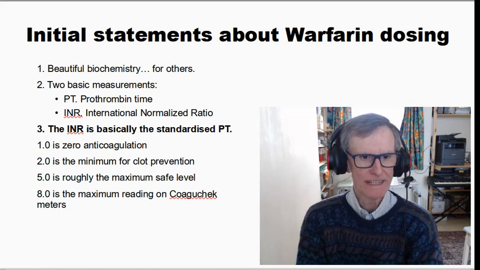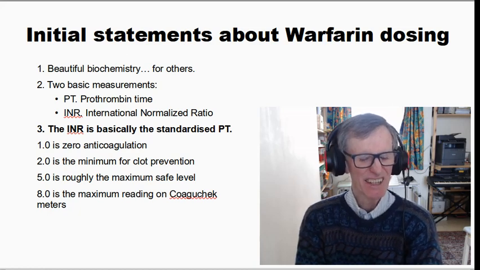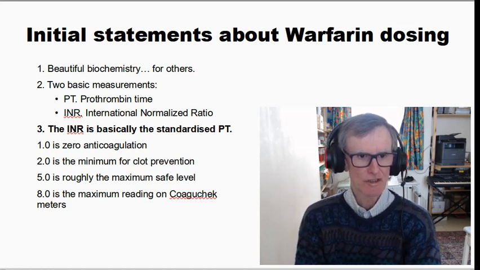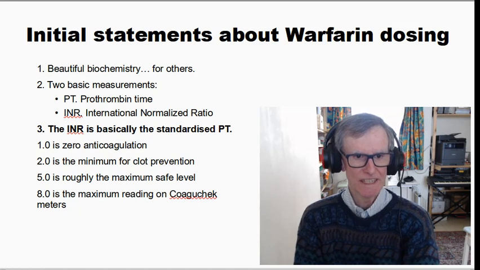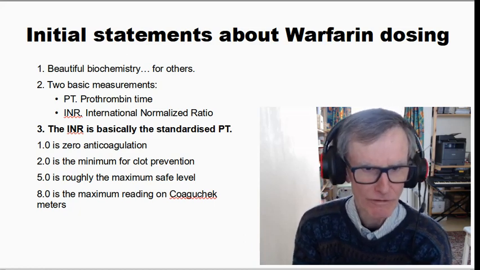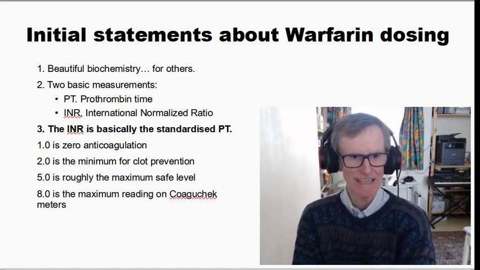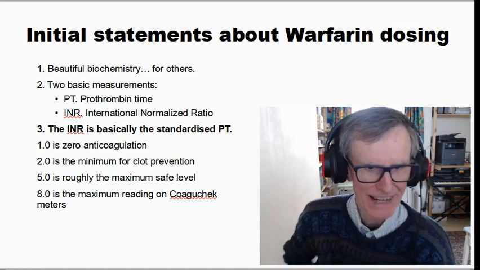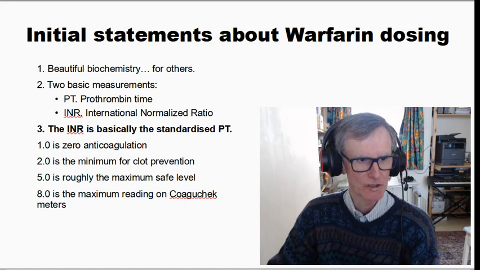Now, warfarin has a set of figures, and an INR of 1 is taken to be zero anticoagulation. An INR of 2 is the minimum for clot prevention, whereas 5 is roughly the maximum safe level, and 8 INR is the maximum reading on a CoaguChek meter.